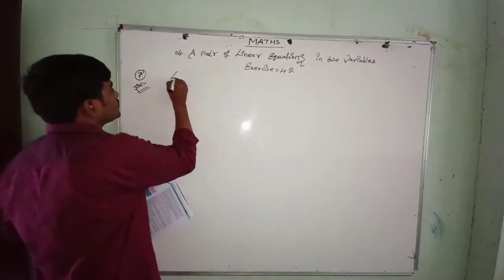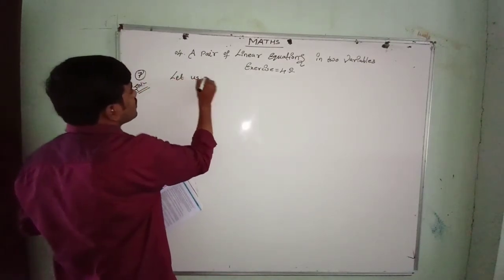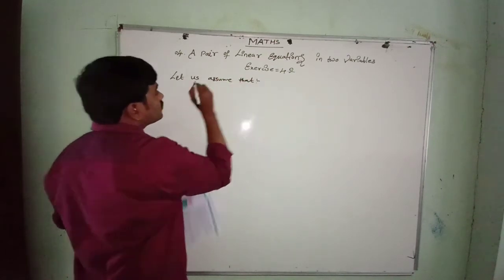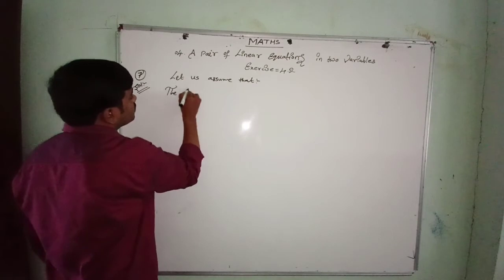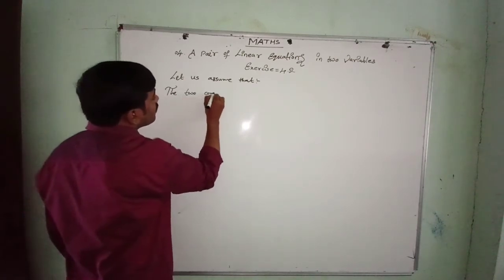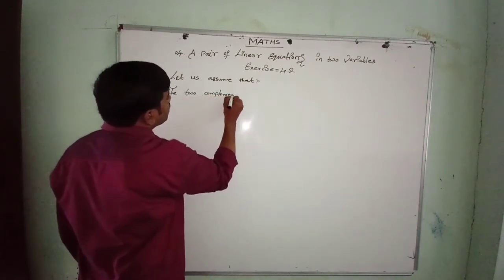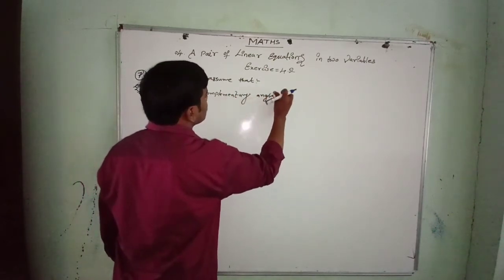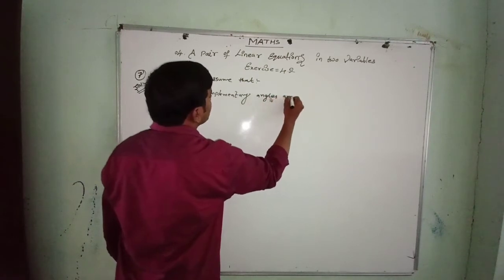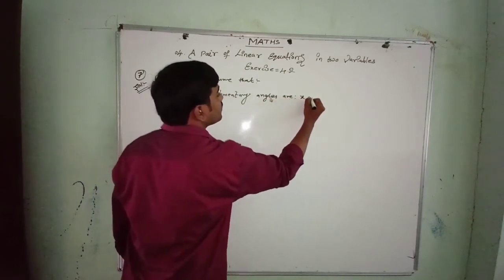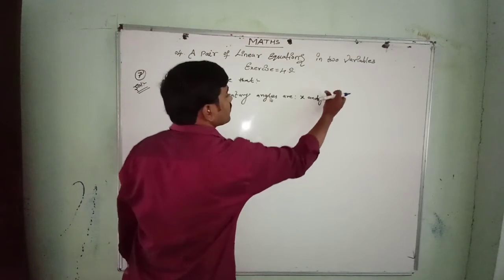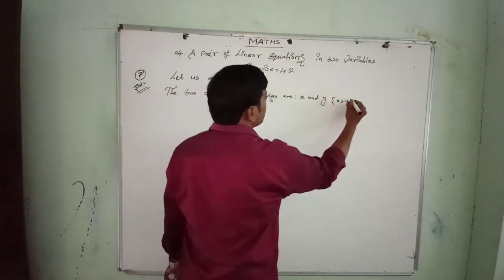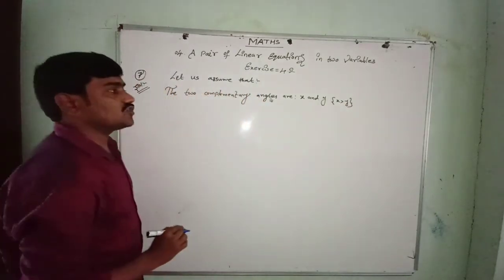Let us assume that the two complementary angles are x and y, where x is greater than y, that is x is the larger angle and y is the smaller angle.